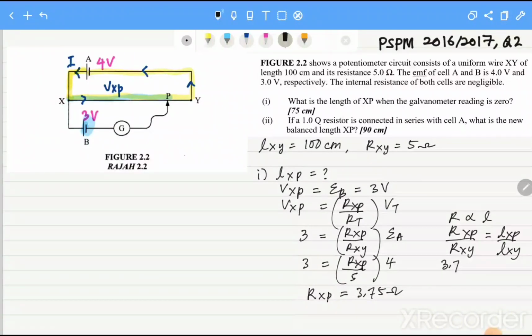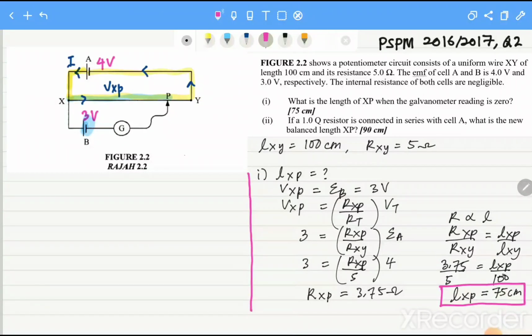RXP is 3.75, RXY is 5 ohm, LXP we want to find, LXY is 100. So we get LXP 75 centimeter. So here is the answer for LXP: 75 centimeter.